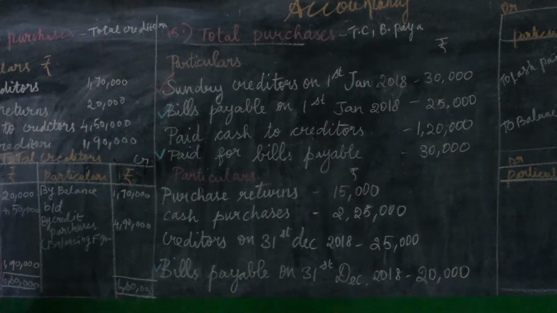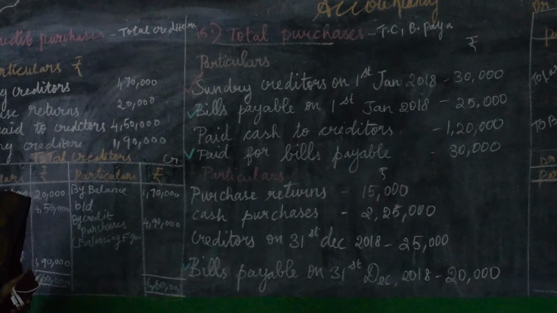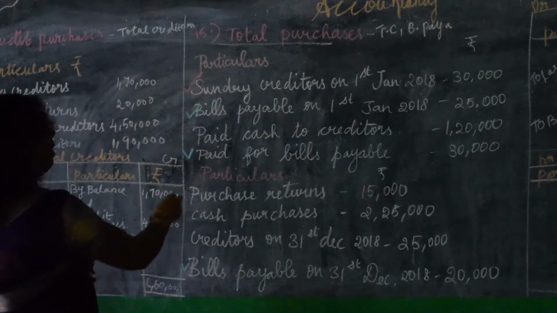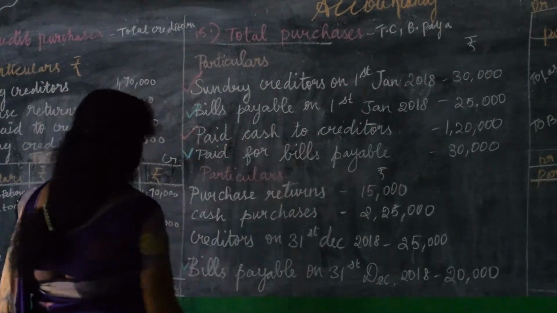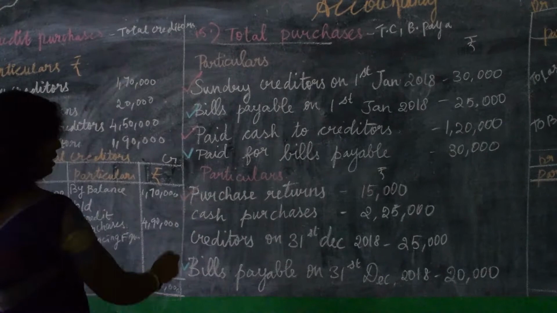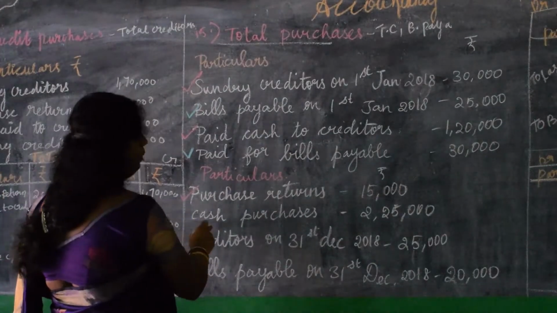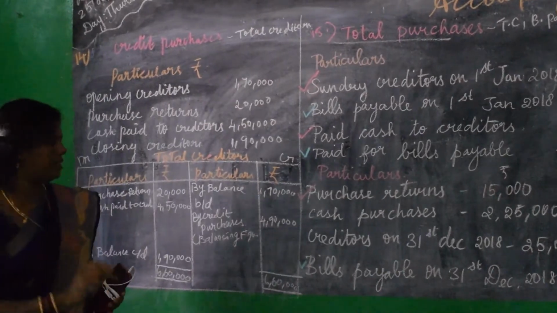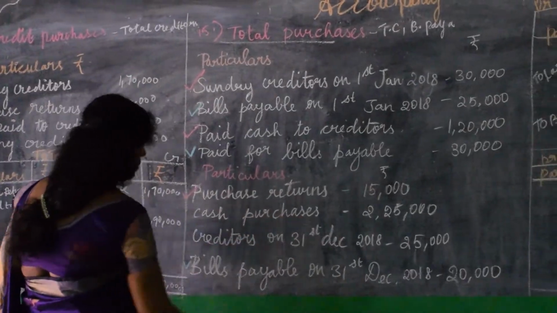So in order to sort it out, I have chosen a color. Sundry creditors on 1st January. Then next, paid cash to creditors. Then purchase return. Then cash purchases, you should not take it out, because we are finding the total creditors only in order to find the credit purchases. So we should not take out cash purchases.